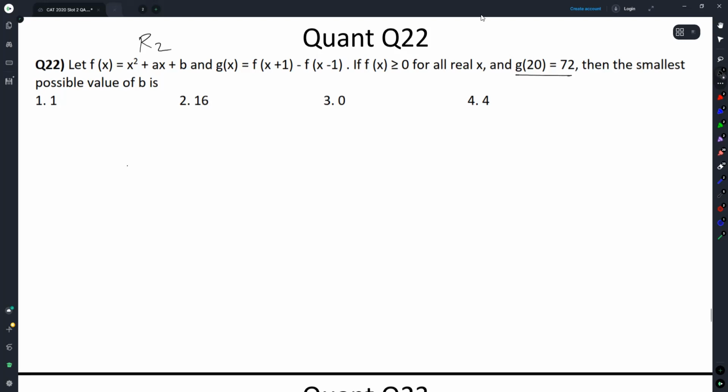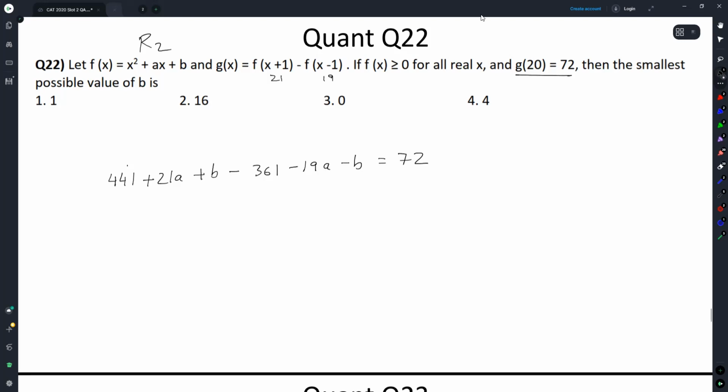Let me fix. So f(21) minus f(19). f(21) will be 441 plus 21a plus b, minus 361 minus 19a minus b, is equal to 72.